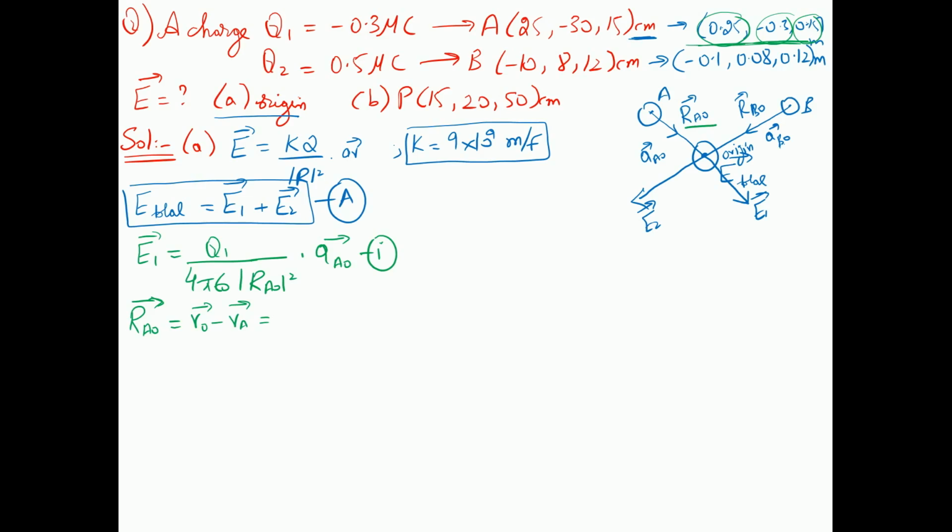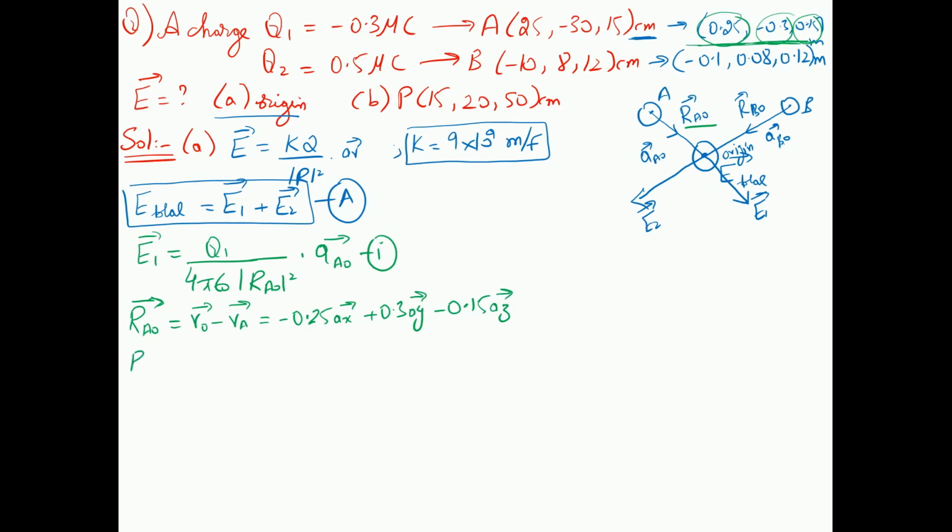So the value comes out to be minus 0.25 a_x, plus 0.3 a_y, and then negative 0.15 a_z. So this is the vector that we are getting.